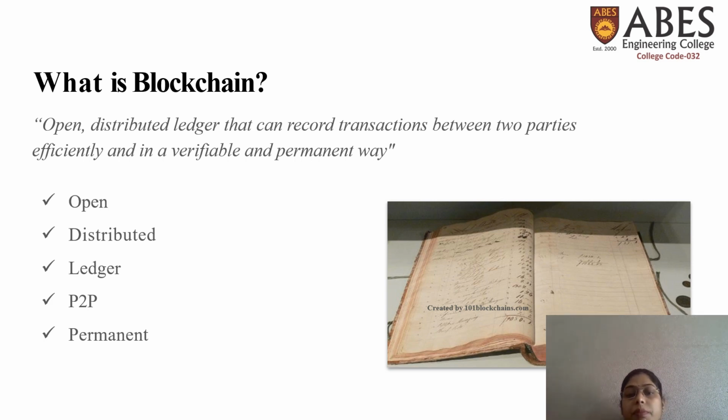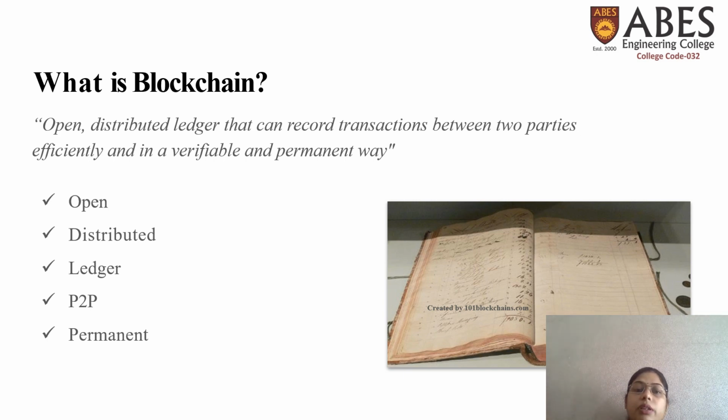So the basic properties that we can consider for the blockchain are: it is open, distributed, it can be considered as a ledger, it is a distributed peer-to-peer network, and it is a permanent record. It cannot be changed or modified.